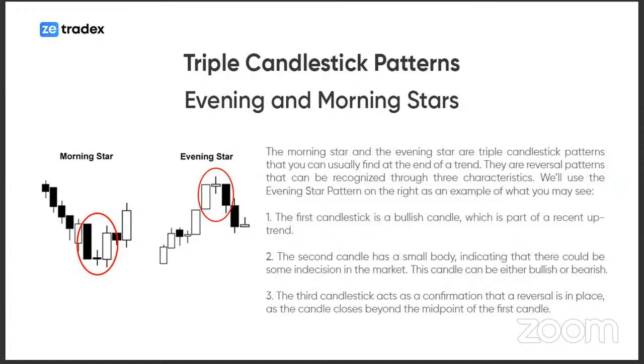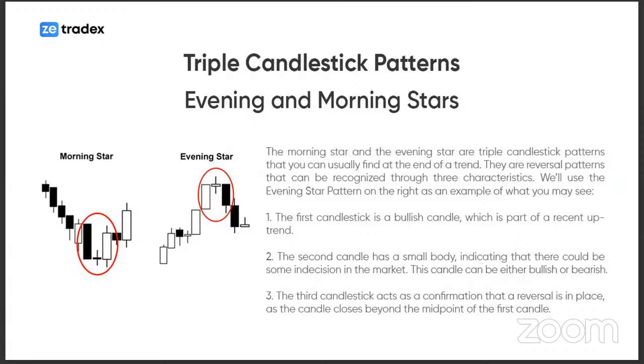The morning and the evening star are triple candlestick patterns that you can usually find at the end of a trend. They are reversal patterns. They can be recognized through 3 characteristics. Let's use the evening star pattern on the right as an example of what you may see. First, the first candlestick is a bullish candle, which is part of a recent uptrend, while the second candle has a small body, indicating that there could be a bit of indecision in the market.